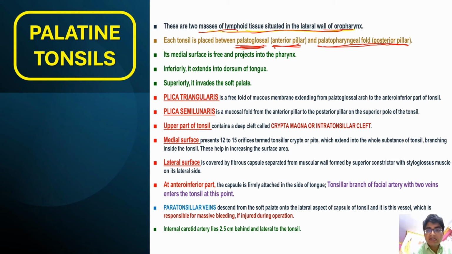Next, the medial surface of this tonsil is free and it projects into the pharynx. Importantly, the tonsil has one lateral surface and one medial surface. The medial surface has about 12 to 15 pits, and these are known as the crypts.